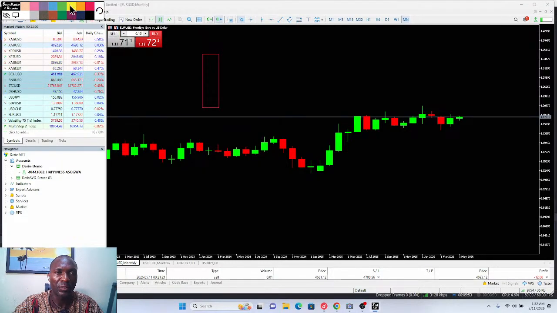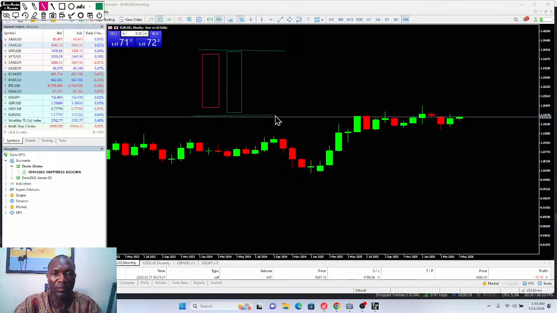Then I take this particular one as my bullish candle. Okay, let me put it this way. Now, if I should bring these two candles, which can be more than this, you see it.